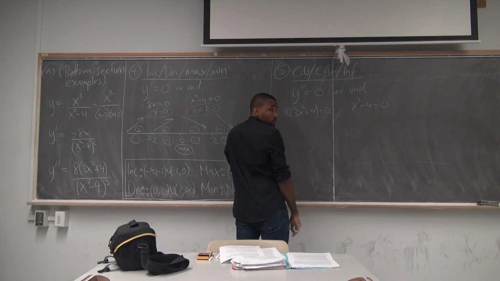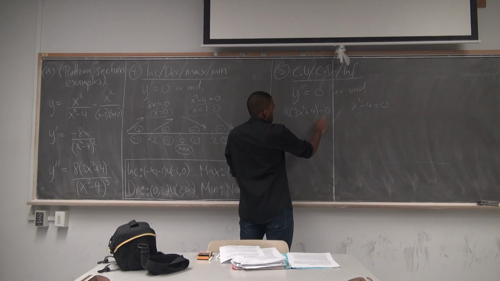Then you subtract the 4, so I get negative 4, and divided by 3, so I get negative 4 over 3. And I take the square root of minus 4 over 3.